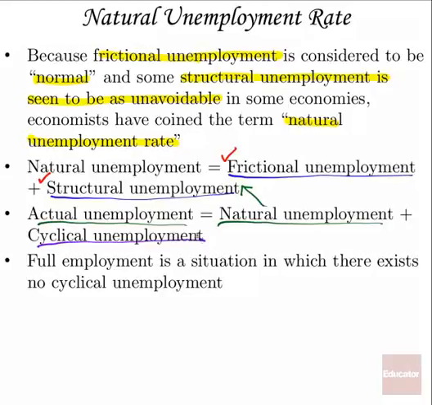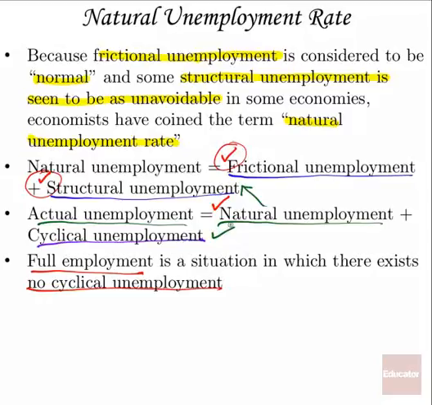Another way of saying the same thing using different terminology is that full employment, which is when you have no cyclical unemployment, is a situation where the only unemployment that you have is natural, or frictional and structural. So economists are definitely more concerned with cyclical unemployment.